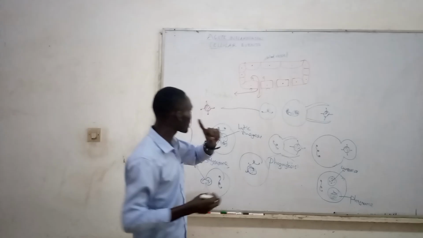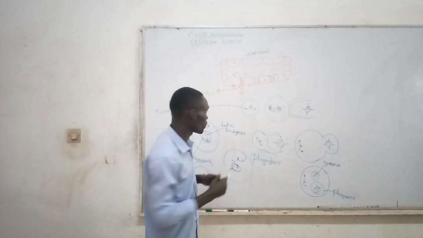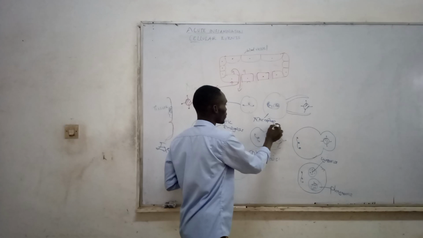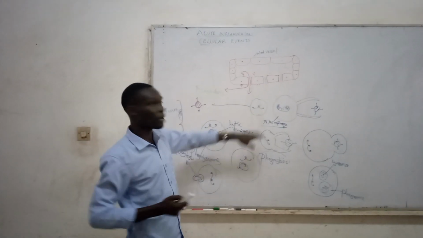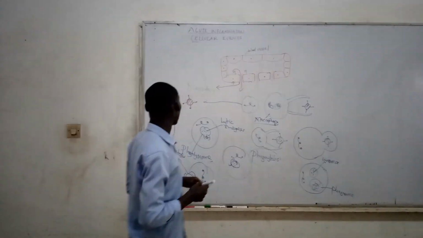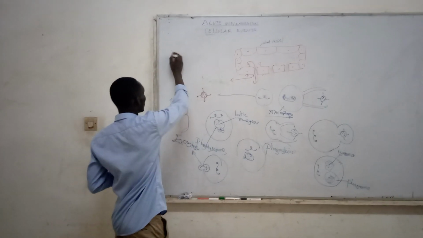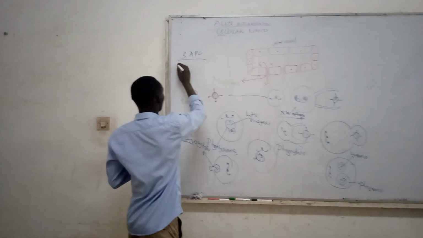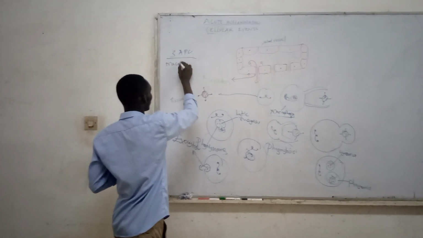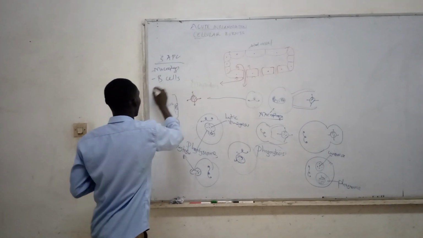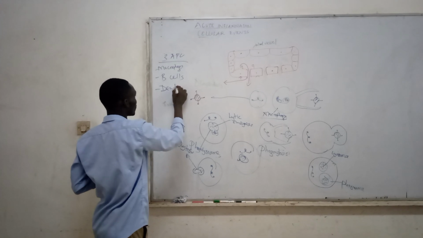Now let us have a look at what happens in the macrophage. So this is the macrophage. With the macrophage, this is one of the antigen presenting cells. We have three antigen presenting cells, the APCs: we have the macrophage, the B cells, and the dendritic cells.